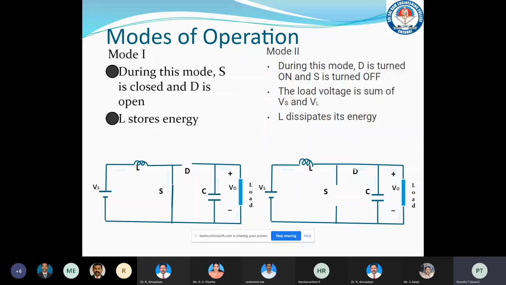And since the inductor current now is going to flow through the diode, it is split into two parts, one through the capacitor which charges the capacitor, and another part which is the load current, which we have assumed to be a constant current.